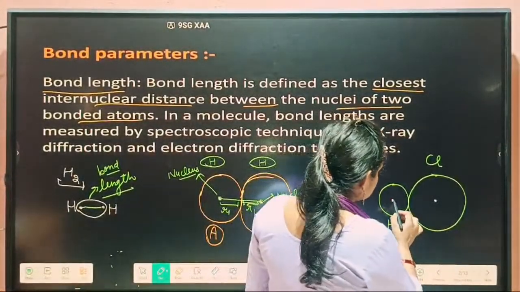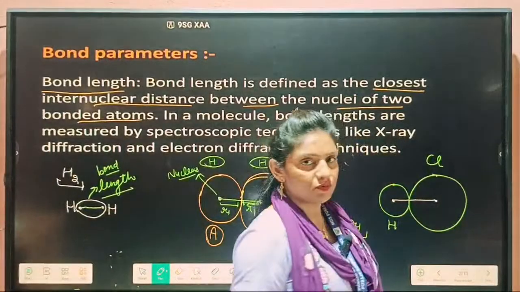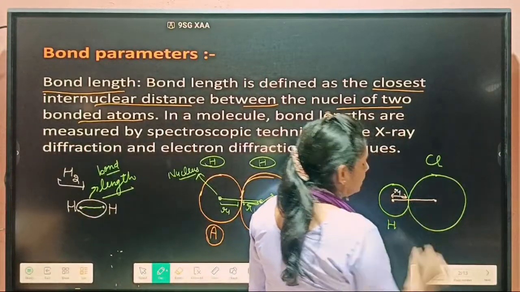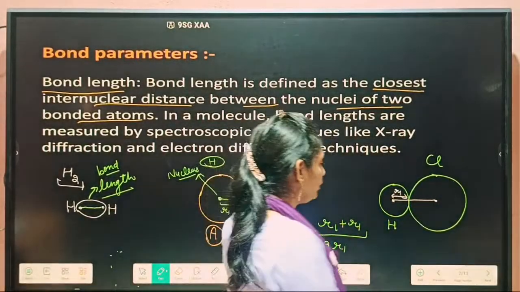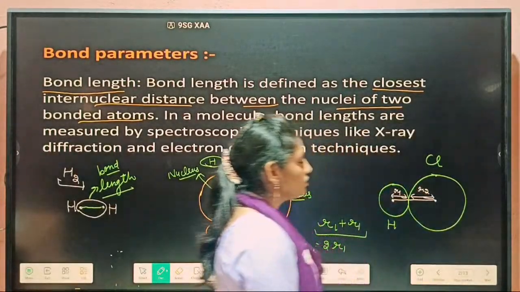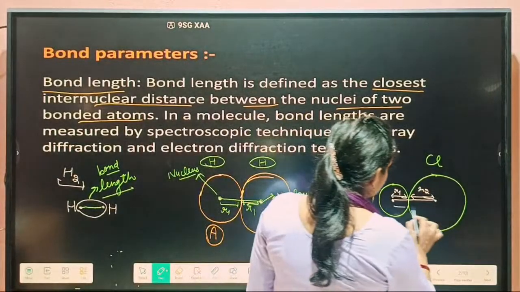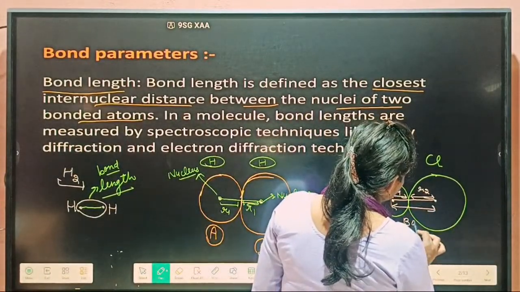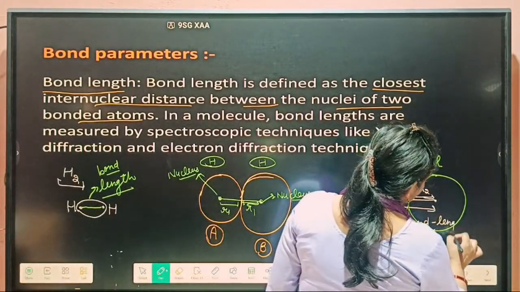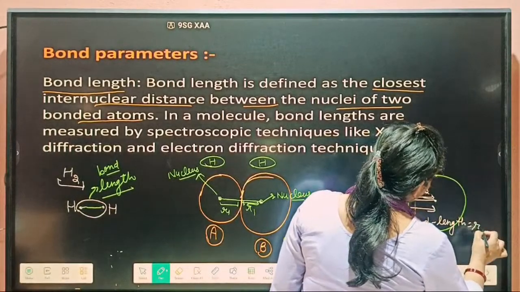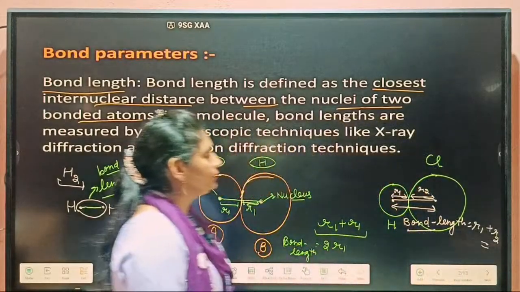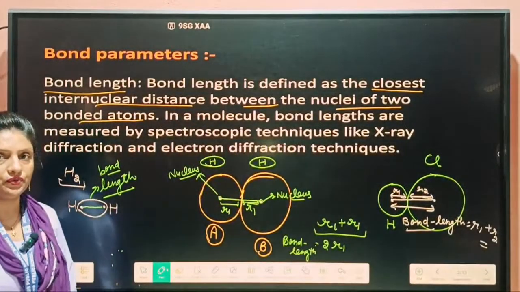Let us consider the atomic radius of hydrogen is R1 and the atomic radius of chlorine is R2. So students, this total is known as the bond length. The internuclear distance between two bonded atoms is known as the bond length. So here the bond length will be R1 plus R2. I hope this concept is clear to you.